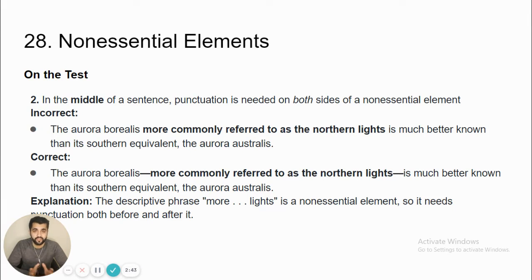Since this non-essential clause is in the middle of the sentence, we need to separate it on both ends from the rest of the sentence, and we can use either dashes or commas. We can also use parentheses. So the correct version is: the aurora borealis dash, more commonly referred to as the northern lights dash, is better known than its southern equivalent, the aurora australis.